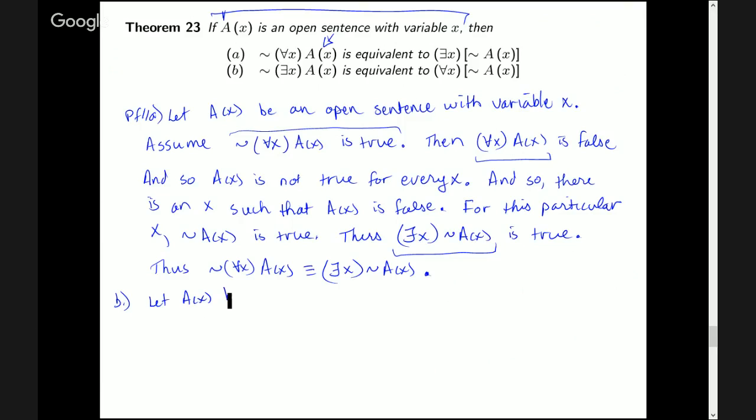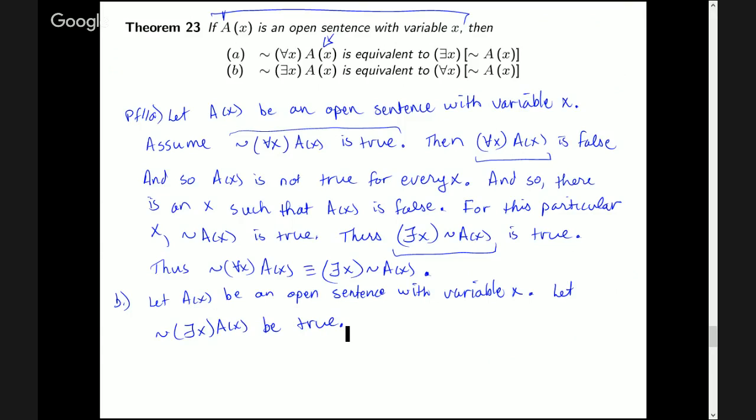Let A of X be an open sentence with variable X. We're going to let not the existent X, A of X, be true.